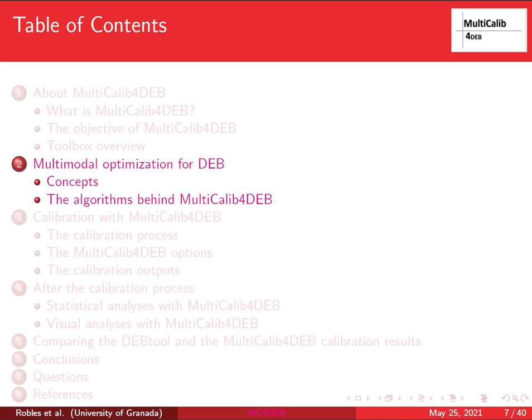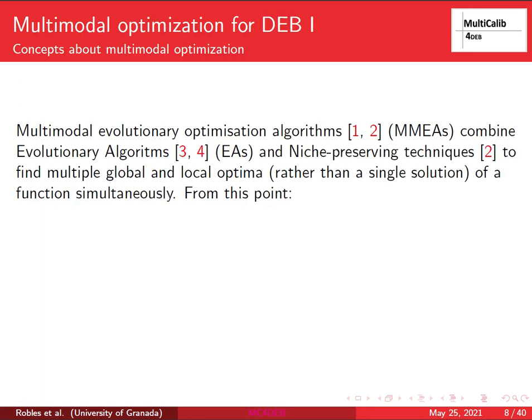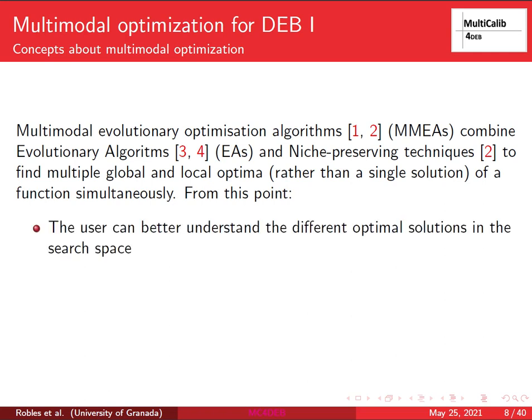Let's talk about multimodal optimization for Dev. Multimodal optimization is a powerful optimization technique which combines two other important and effective techniques, evolutionary algorithms and niche-preserving techniques, to find multiple global and local optima of a function.